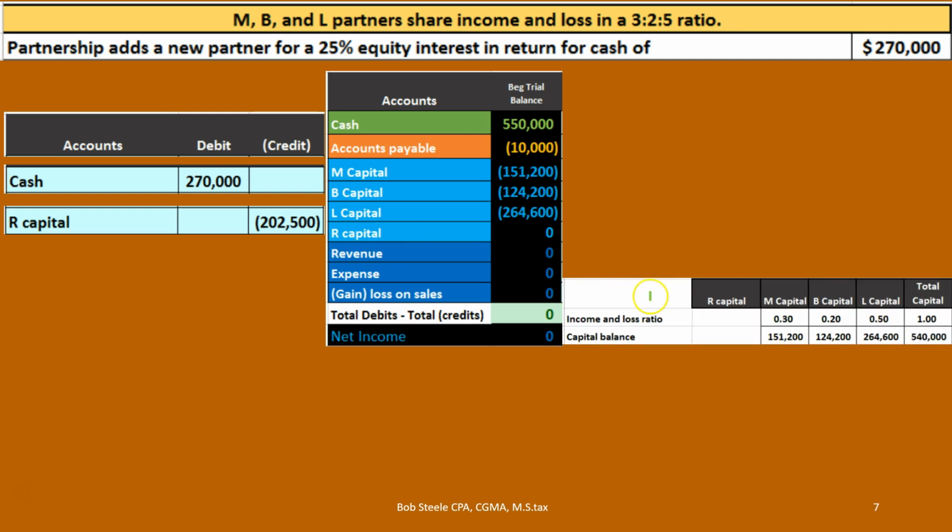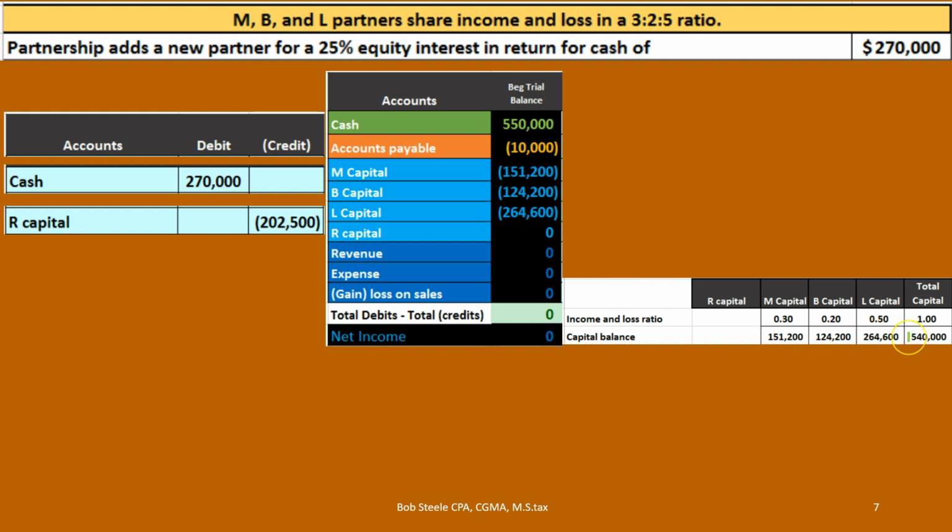So what we have here is our 30, 20, 50. We won't go over calculating those ratios again. That's, of course, the 3-to-5 ratio. And we have our capital account balances, which will be just these balances here. So we've laid these balances out in terms of a table now for the three existing partners before the new partner enters.